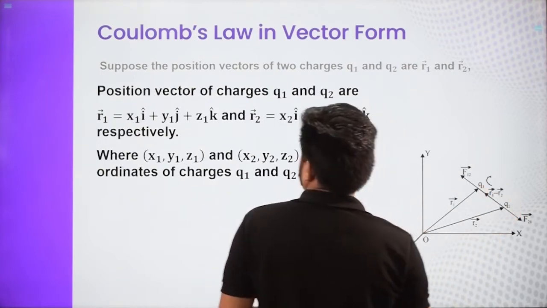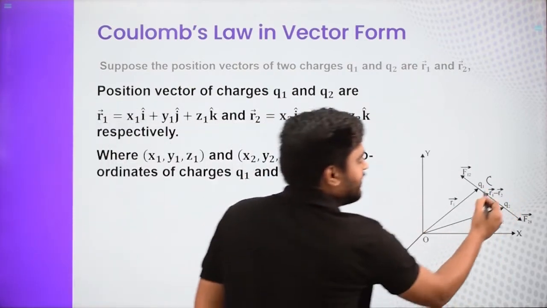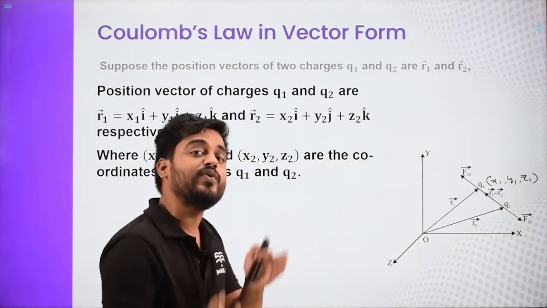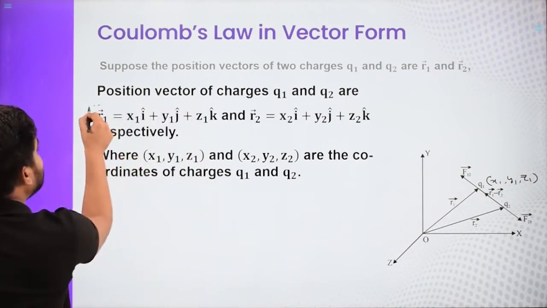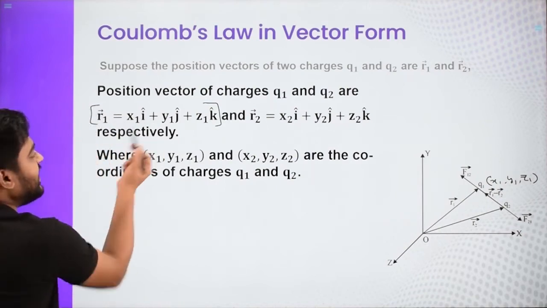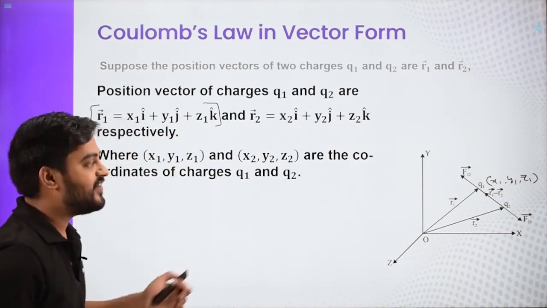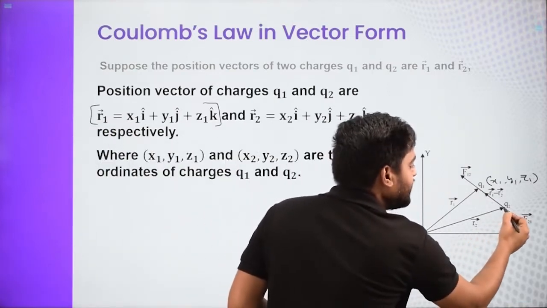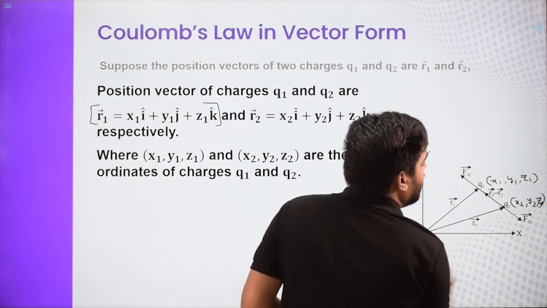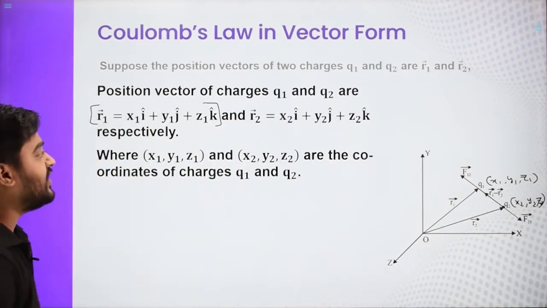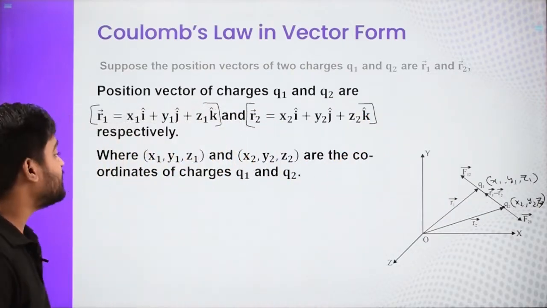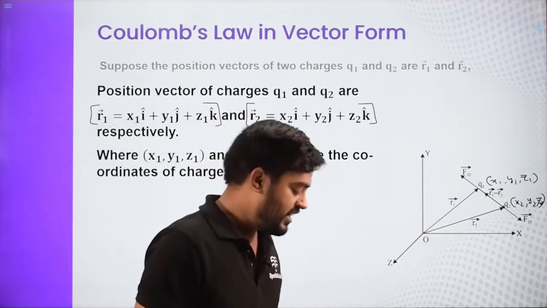If this point is X1, Y1, Z1, these are the coordinates of the point where Q1 is kept, then R1 can be written as X1 i cap plus Y1 j cap plus Z1 k cap. Similarly, if the coordinates of the point where Q2 is kept are X2, Y2, Z2, then the position vector R2 can be written as X2 i cap plus Y2 j cap plus Z2 k cap. So this is how we can represent the R1 vector and R2 vector.